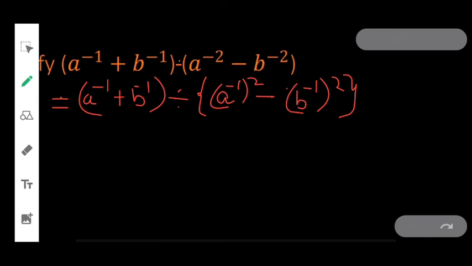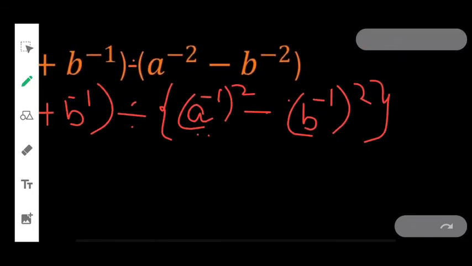Okay, now if you consider a to the power minus 1 as x and b to the power minus 1 as y, now this is in the form of x square minus y square, and we all know x square minus y square is x plus y into x minus y.